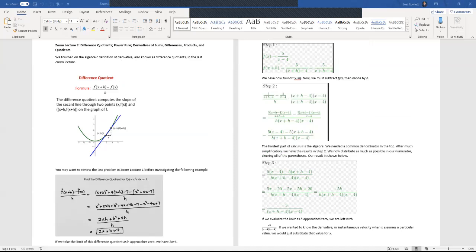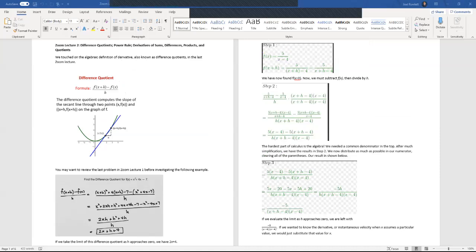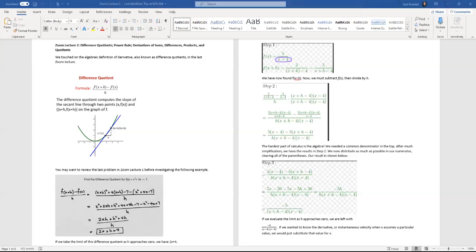In our next problem, we have f of x is equal to 5 divided by x minus 4. And one thing we want to keep in mind here is what's going on in the denominator. Because if you'll recall from algebra, we cannot divide by 0. Division by 0 is undefined.